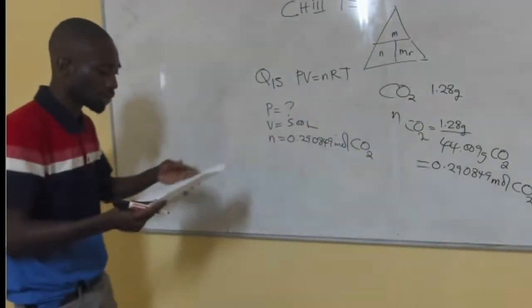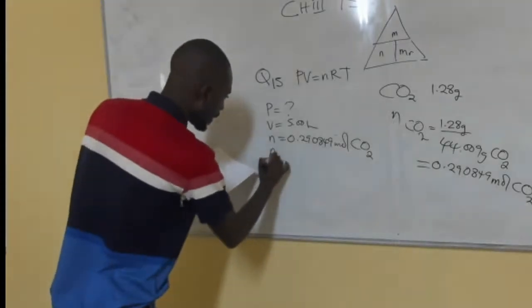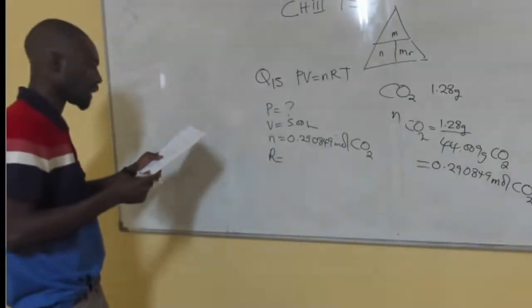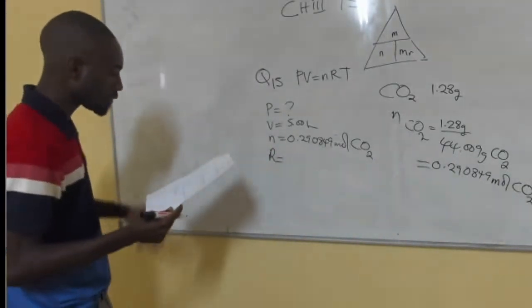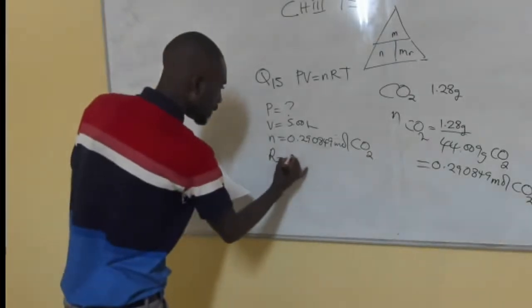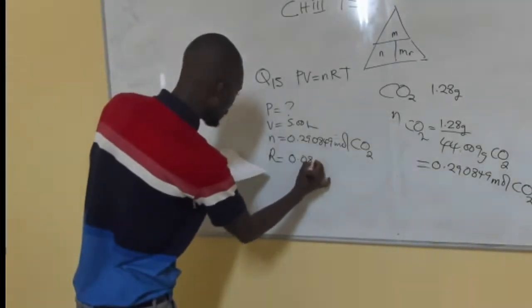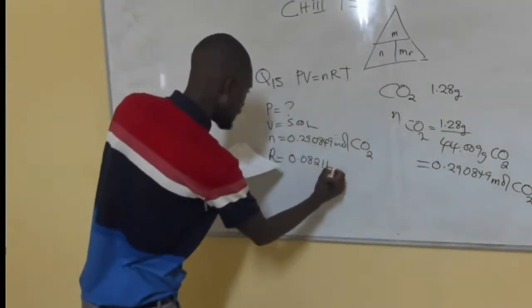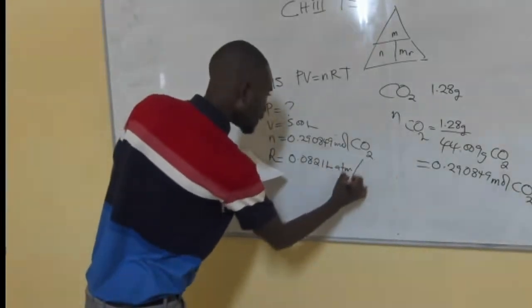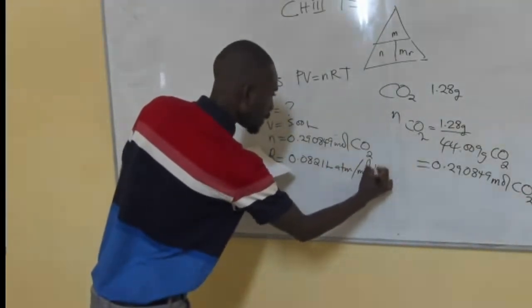Now the R, since we are working with the atmosphere, we are going to have 0.0821 liter atmosphere per mole Kelvin.